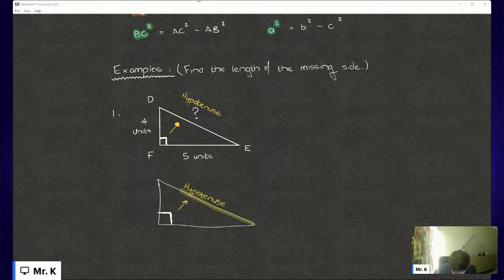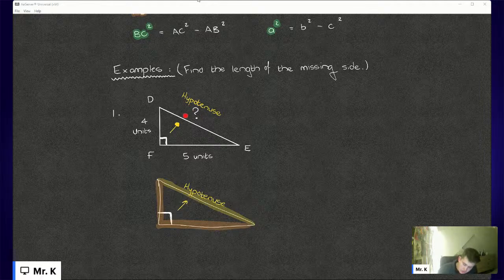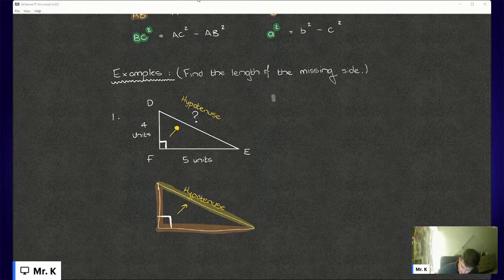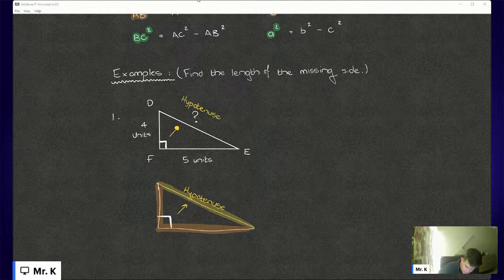Pythagoras tells us that this side of the triangle squared must be equal to this side squared plus this side squared. So we know we need to start with the hypotenuse, side DE, right? So we're going to say the following. DE squared must be equal to these two sides added together, right?